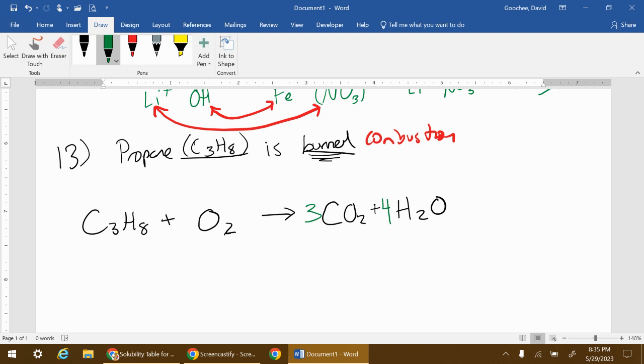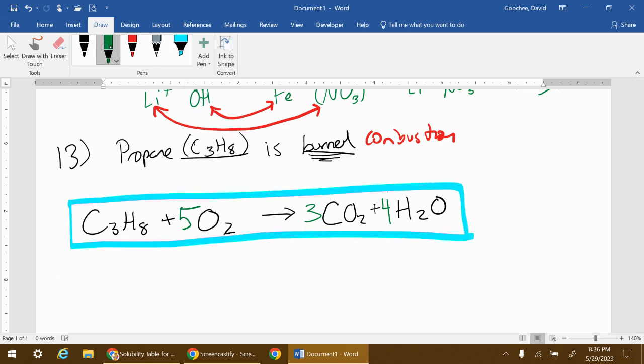Lastly, we have 2 oxygens here and 6 right here. 3 times 2 is 6. And 4 right here. 4 times 1 is 4, for a total of 10 oxygens on the product side. So we have to multiply this by 5. There we go. This is the balanced equation right here.